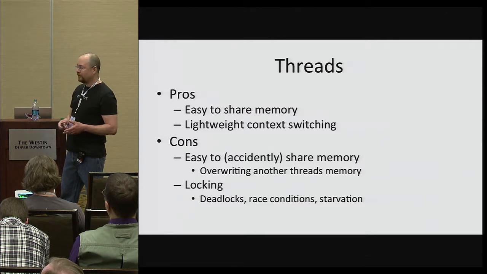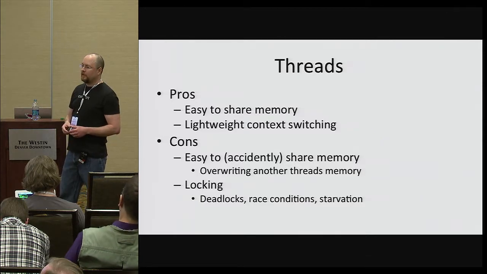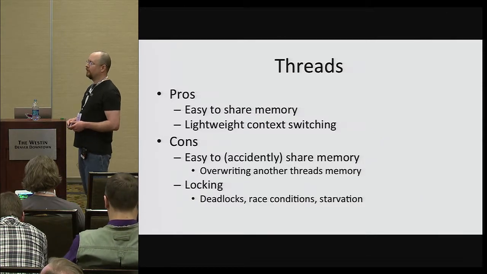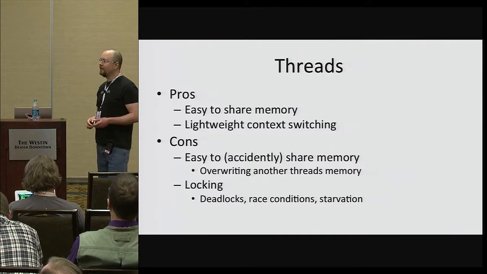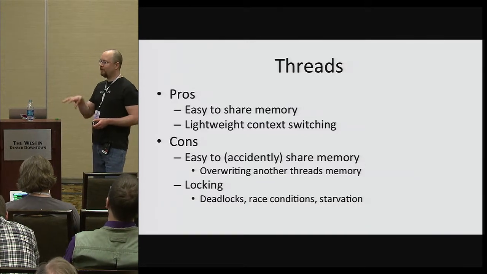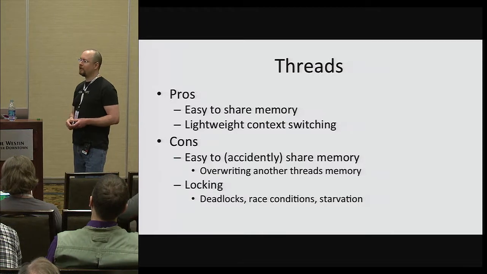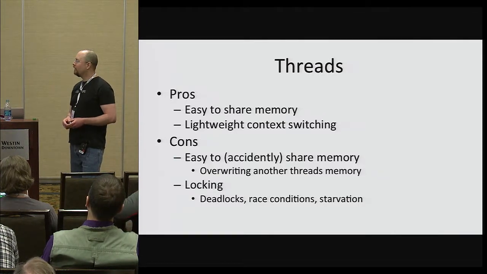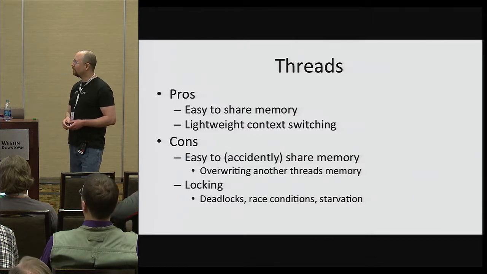Cons, it's easy to share memory accidentally. This is probably one of the big gotchas: you can have a thread modify another thread's objects in memory, and it can be difficult to track down. This is probably where I've spent a lot of time on multi-threading.